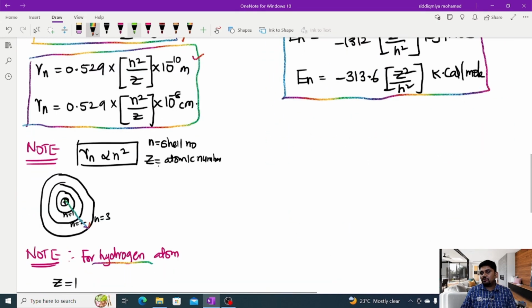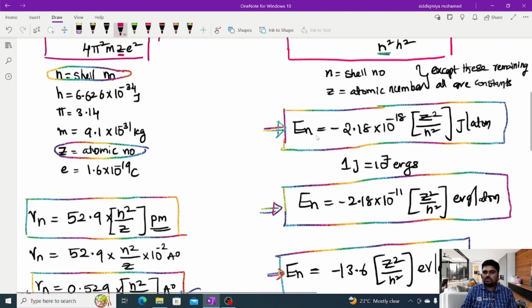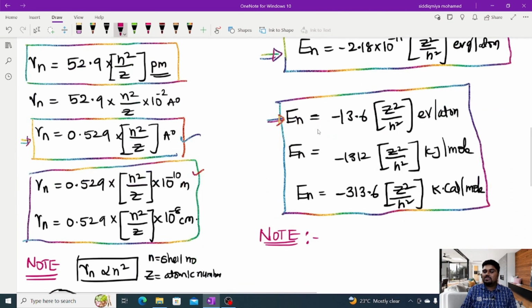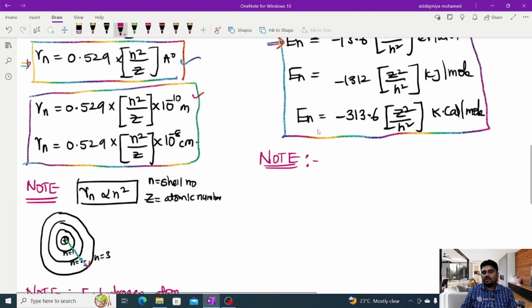Now I am going to tell you one very important point. I am going to ask you one question: why does energy always have a negative sign? The reason is that the negative sign shows that the electron is bonded to the nucleus. This is a very important point, they may ask in statement type questions.